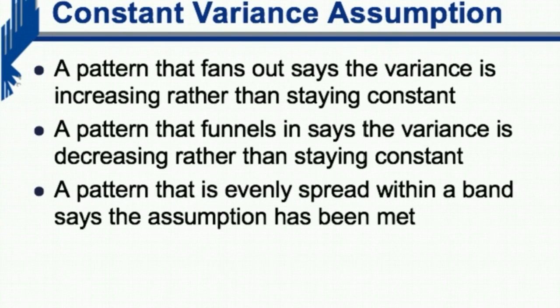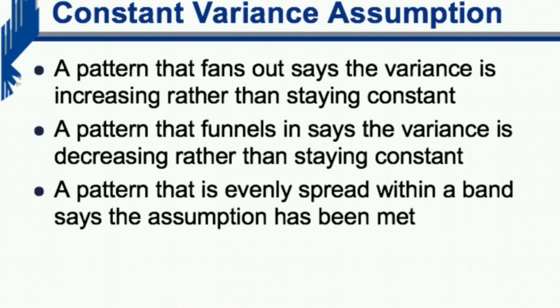So what we have to look for in the residual plots is the overall pattern of the plot. If a pattern fans out, it means that the variance is increasing. If the pattern funnels in, then it says that the variance is decreasing.